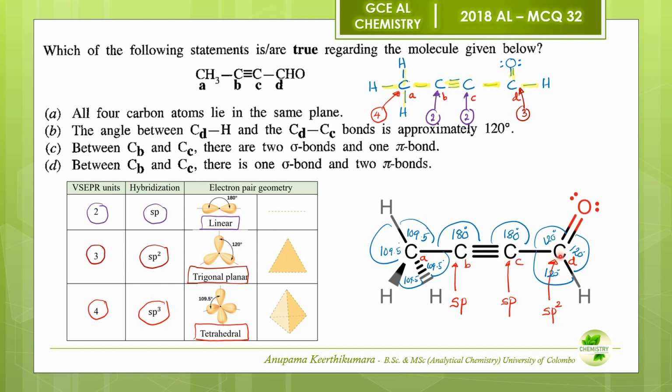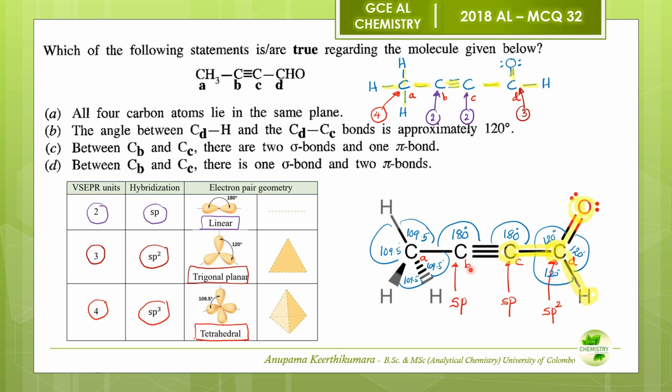I will start with CD. The hybridization of CD is sp2 and these 3 electron pairs are arranged in trigonal planar geometry and the bond angles are approximately 120 degrees. Therefore, these 4 atoms lie in the same plane.